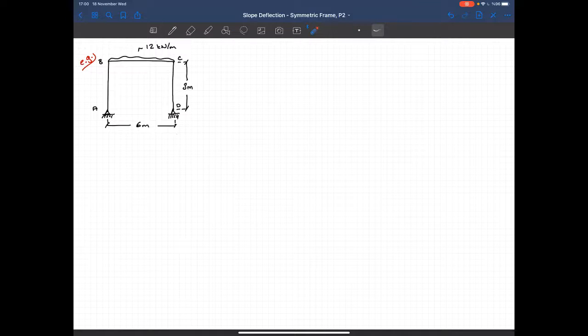Okay, now, as we said before, that's a symmetric frame under symmetrical loading. So we have a symmetric structure under symmetric loading. So having these in mind, we expect to see a symmetrical deformed shape, right?